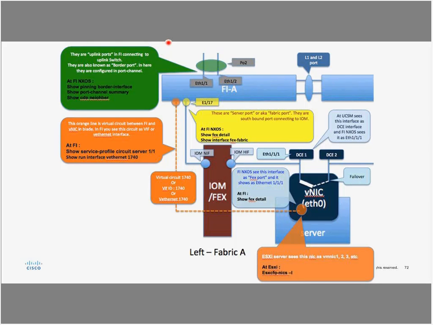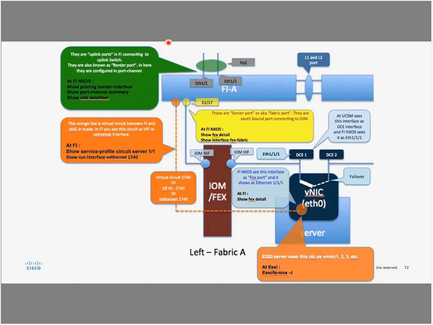So you have your backup link that's been created through your DCE interface and pinned to FI B. You have a primary vEthernet connected to DCE 1, which tells you that the HIF port it is connected to is ETH1/1.